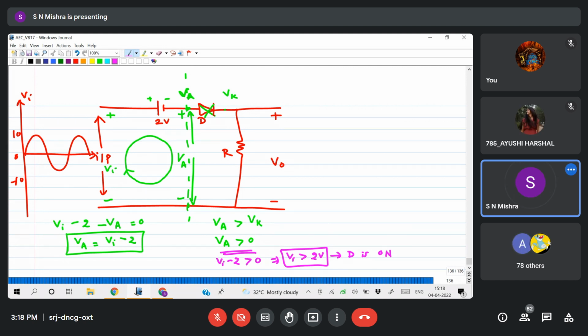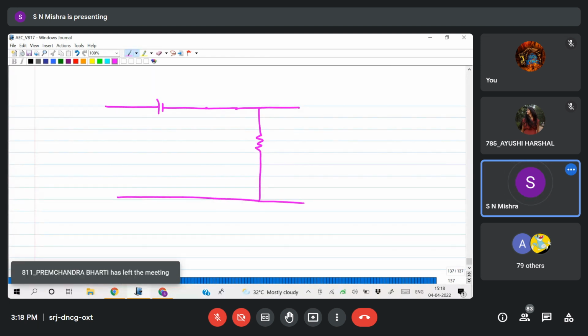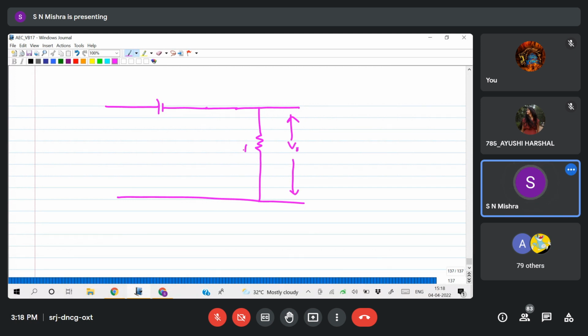आया समझ में? If Vi is less than 2, then the diode is off. Now, when Vi is greater than 2, what is my equivalent circuit? The voltage source will remain the same, the diode will be short, then the resistor, then the output voltage V0.